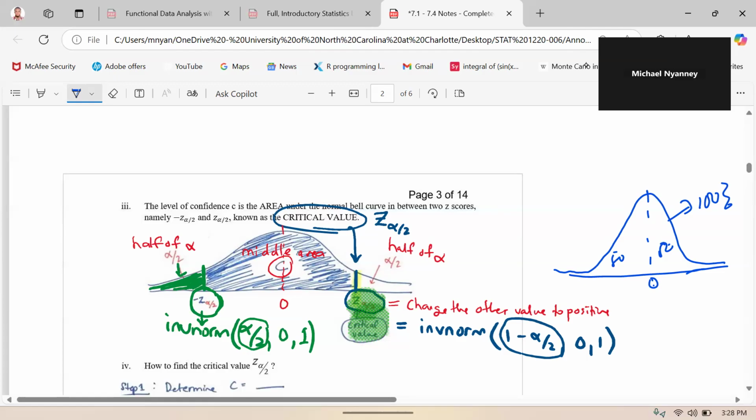So that is that. Okay, if I cut here and I cut here, and I'm saying that if here is 95%, then it implies that by symmetry, I will have 5% remaining. But this 5% should be shared between these areas. So we have 2.5% and 2.5%, because all of these should add up to what? 100%.